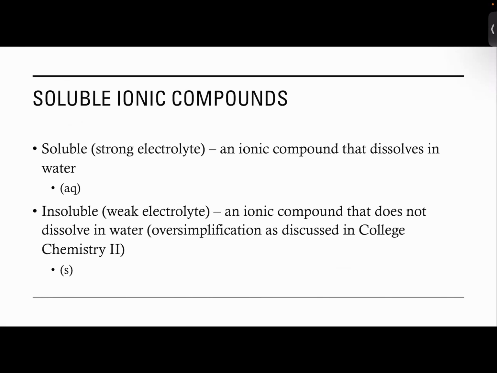So again, going back to the ionic compounds, your soluble ionic compounds will be strong electrolytes, meaning that they dissociate entirely into ions in water. We will give the state of matter as aqueous for these materials in the balanced chemical equation.